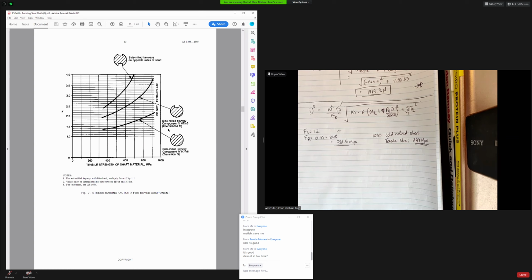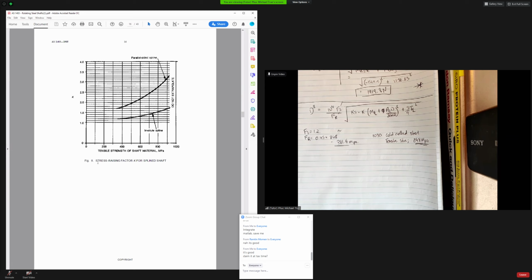Same here, you would look at either transitional or interference fit, H7S6, H7K6. Those are the kinds of fits. Or you can have a double, and that's super cool. But I'm just being a nerd.